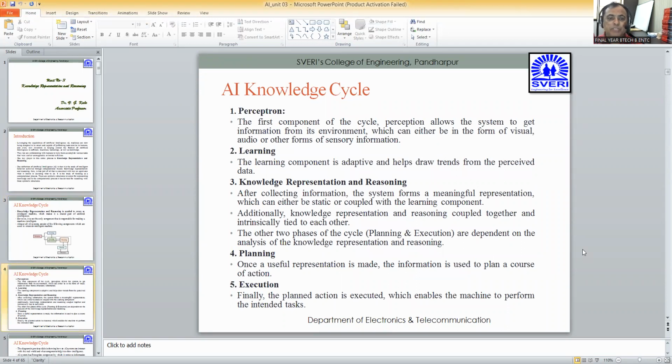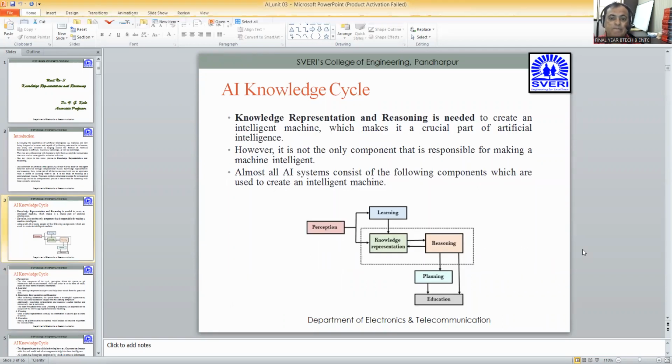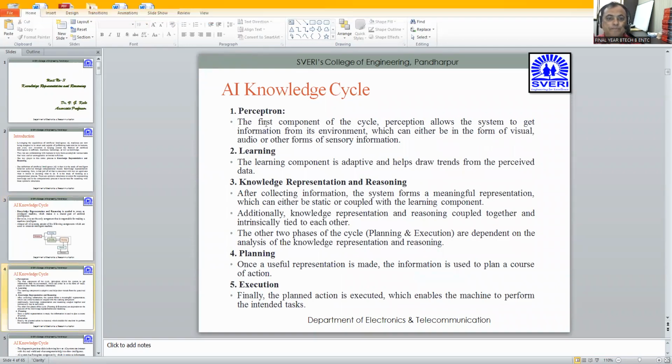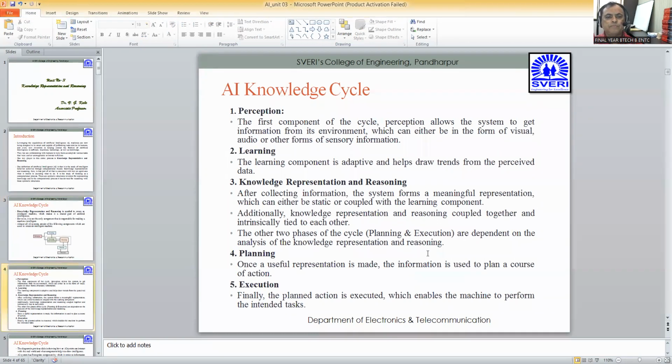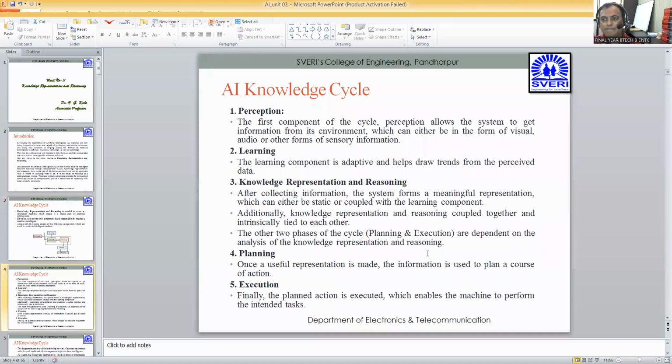Now, what is perception? The first component of the cycle is perception. For what purpose is this perception used? To get the information from its environment.